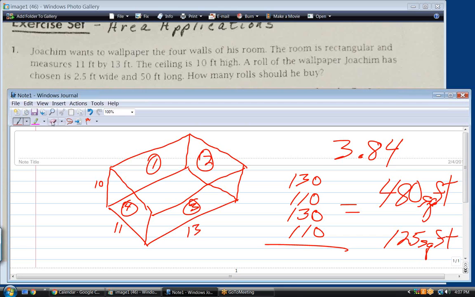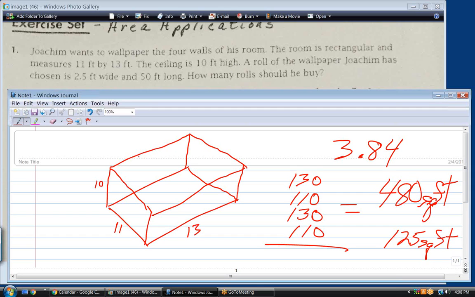Now, I don't know if it's helpful or not, but there is another aspect to this problem, and that's why I say, tell me if your teacher has addressed it. If it's wallpaper, it doesn't really apply. But let's say it's bricks. And we cannot cut a brick in half.